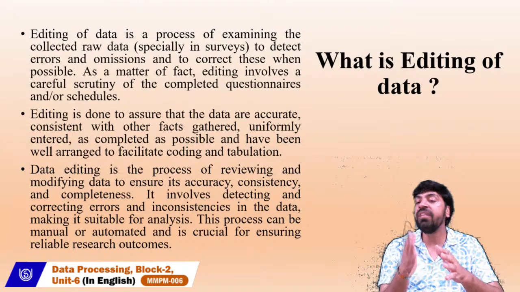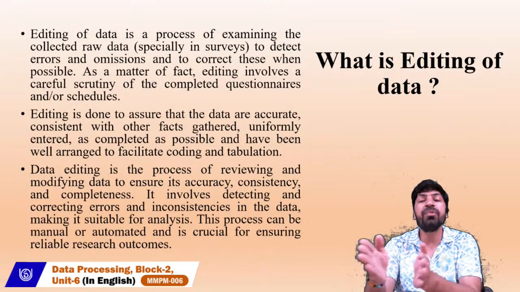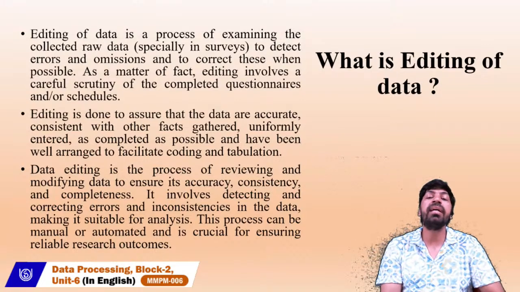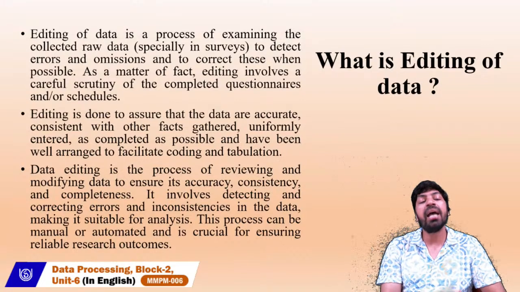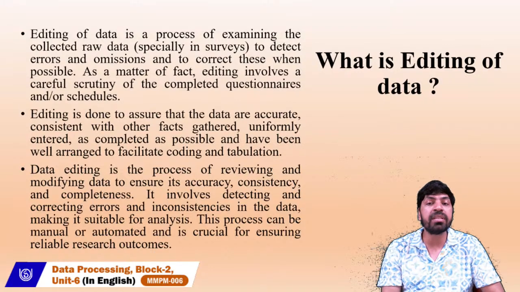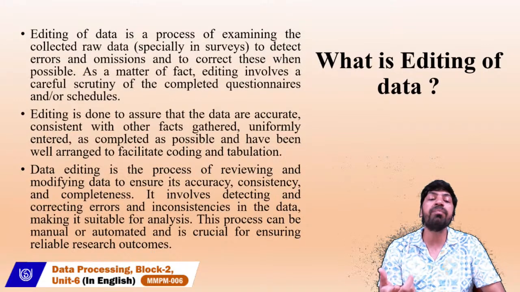And if he or she finds any errors or inconsistencies in the data, the researcher can easily correct them for the further process of analysis, and that is called the editing of data. This process could be done manually, or it could be done through an automated process.